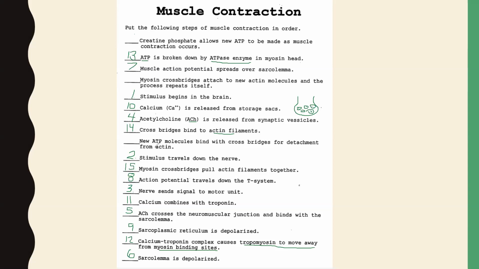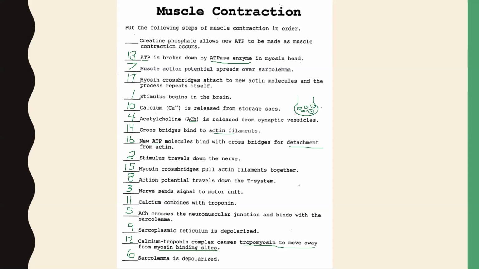And in order for them to let go of the first actin molecule that they grabbed onto, we need another ATP molecule to come in. And so new ATP molecules will bind with the cross bridges to detach from actin, and then we're going to attach to a new actin so that the process can repeat itself over and over again.